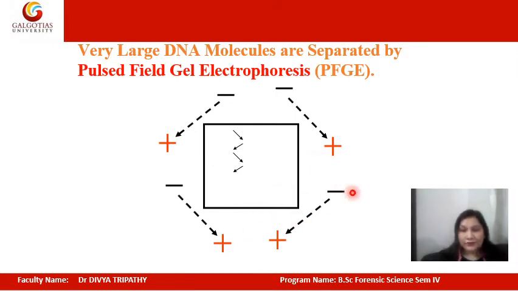In this type of electrophoresis, the movement of DNA molecules takes place in a zigzag mode. We will explain PFGE in a separate lecture. Just understand why we are using this: to separate larger molecules of DNA.